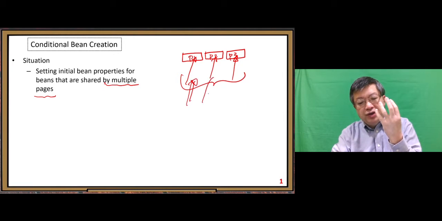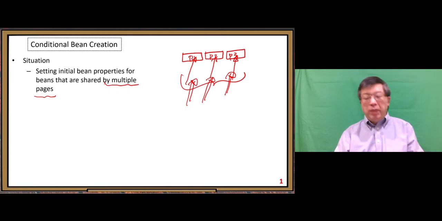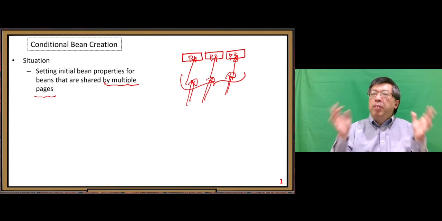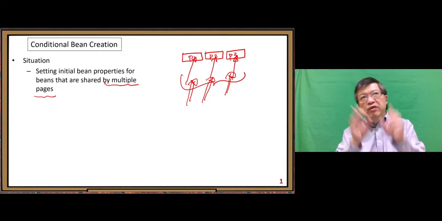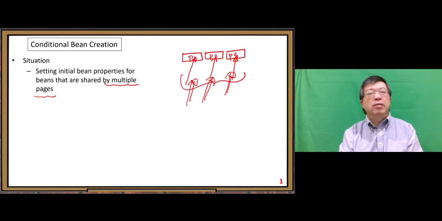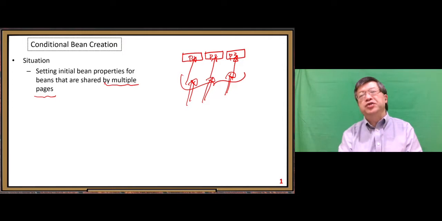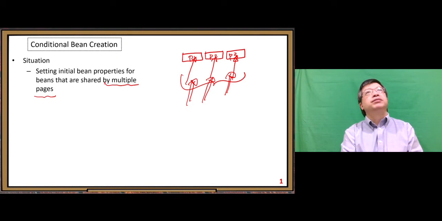For page 2, the initial properties of page 2, and different initial properties for page 3. But before you know the page selection, how do you set initial properties? For this very special situation, you need a special way to do it in JSP.